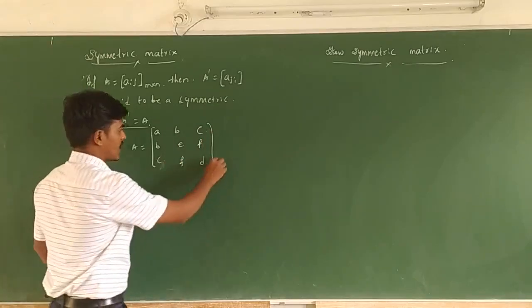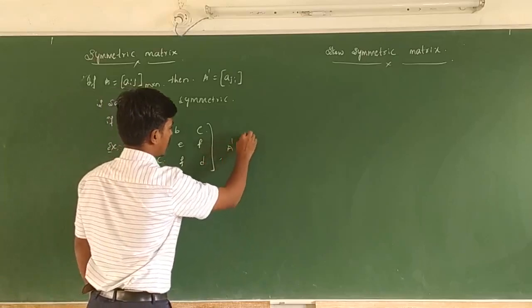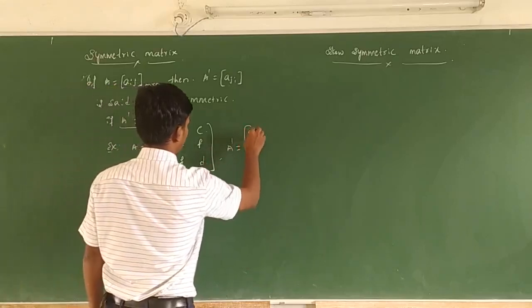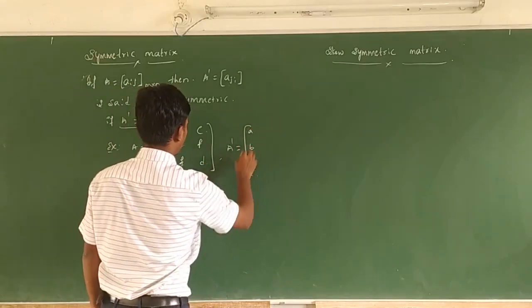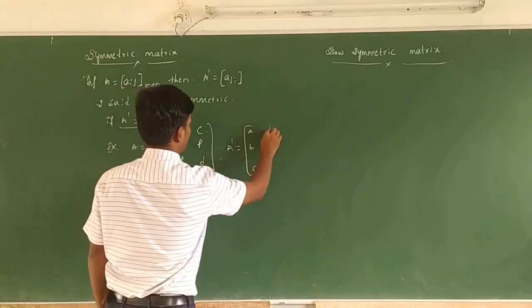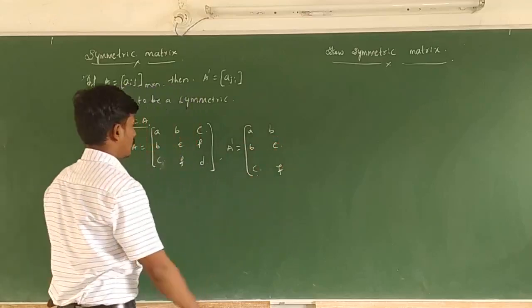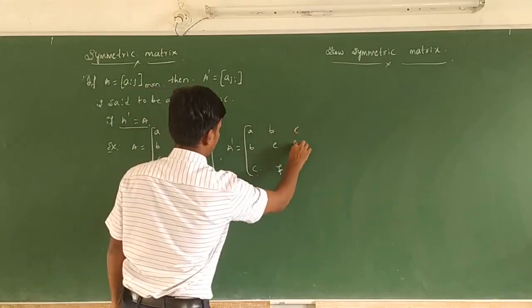I am taking the transpose of this matrix, that is A transpose equals, what we write, rows become columns: A B C, B E F, C F D.